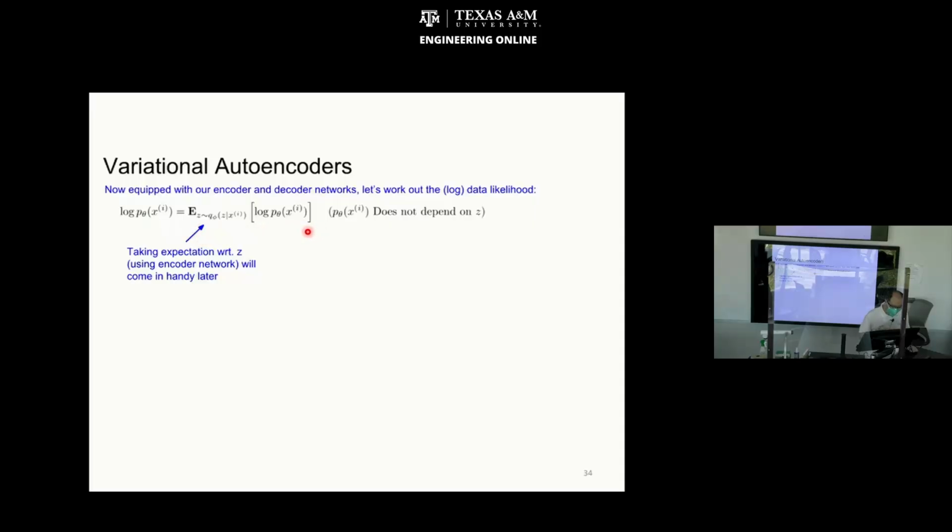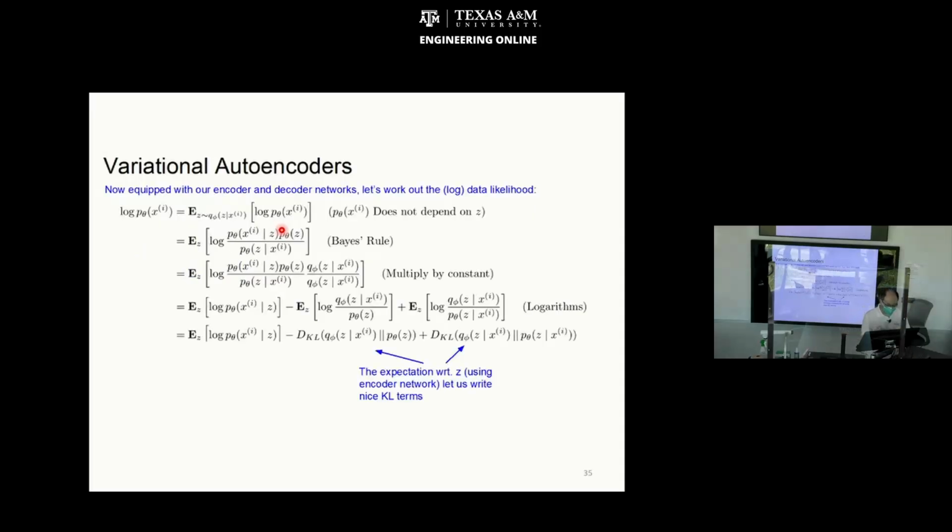So we are taking expectation with regard to z, where z is a sample from the encoder parameterized by phi. And the quantity to be averaged is not dependent on z, it's just p of xi given theta, right?